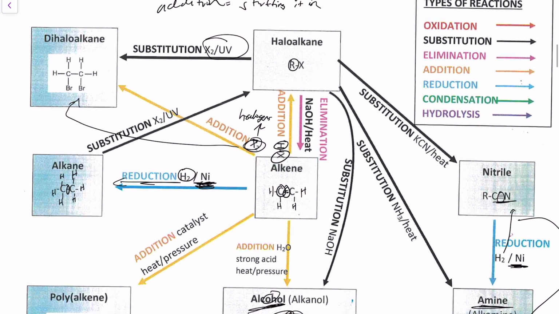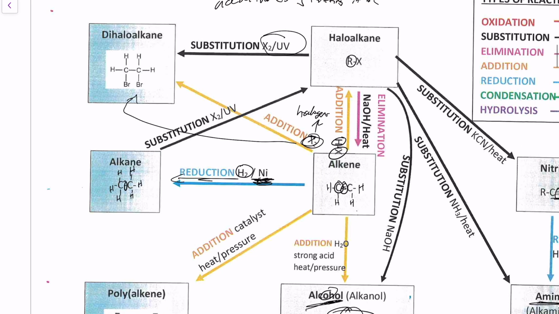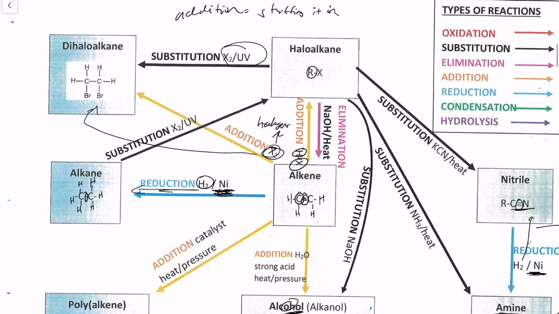It matches out, because if we break this double bond, we have 2 bonds we need to account for, an extra bond on each of the carbons. That's why we need a hydrogen on one and a halogen on the other, and that's where we get our R and X.